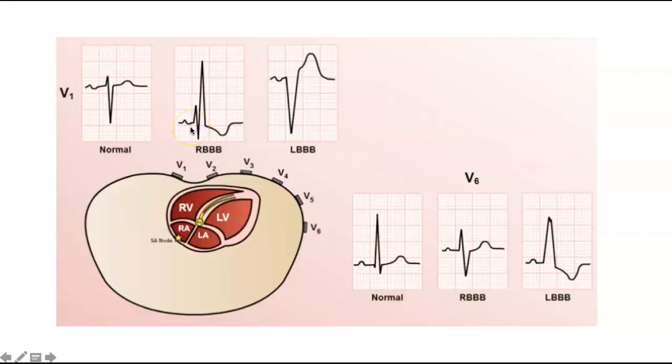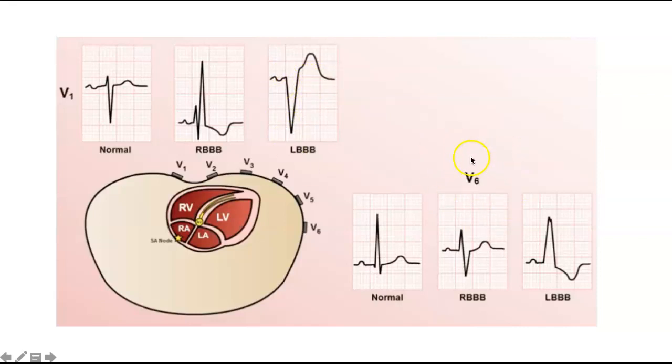This is often referred to as, quote, bunny ears. In the left bundle branch block, this will be a wide appearance, but in lead V1, it tends to be a downward deflection from your isoelectric point.